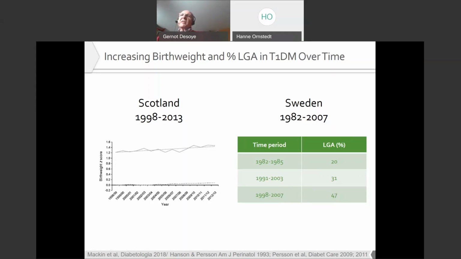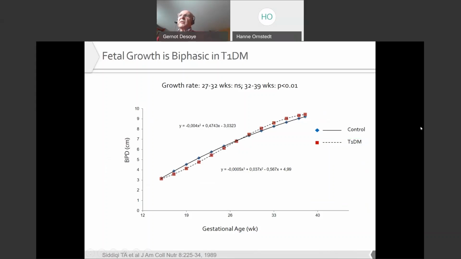Now, it is important to keep in mind that the fetal growth is biphasic in type 1 diabetes. That means offspring with elevated growth, higher birth weight, tend to have a lower weight or lower growth, and this is biparietal diameter that was measured here in this ultrasound study in the 80s.